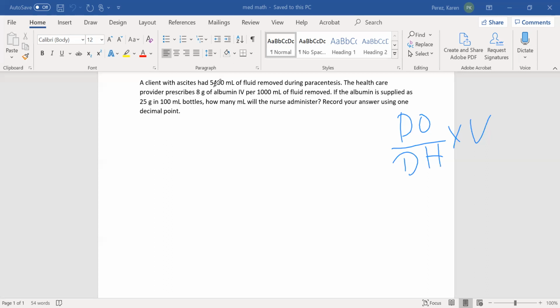So I need to find out how many 1,000s are in 5,400. To get that, the math would be 5,400 divided by 1,000. The answer would be 5.4.